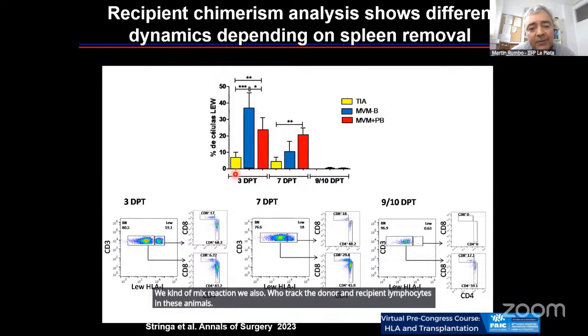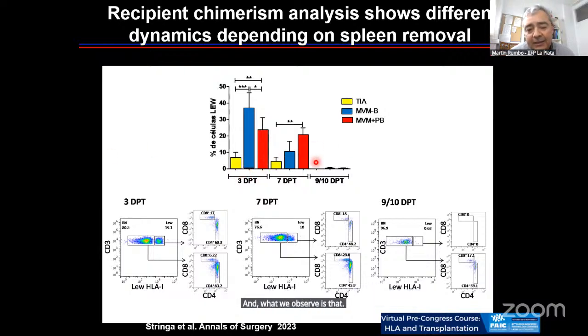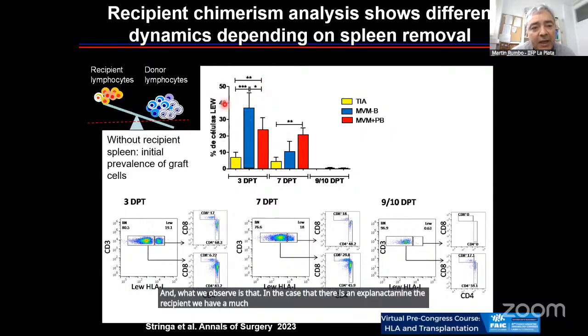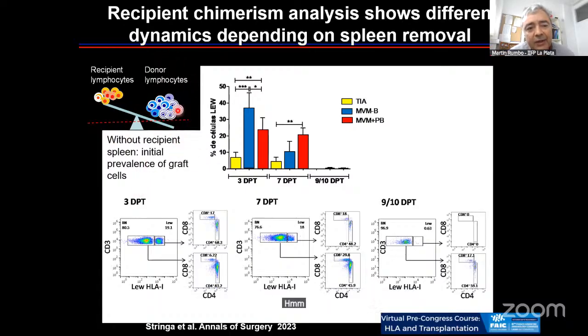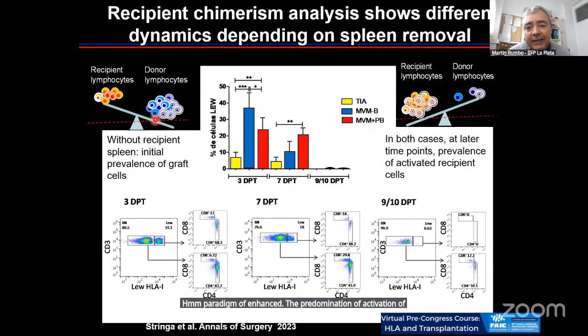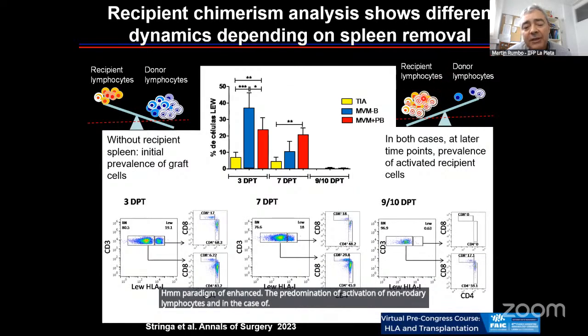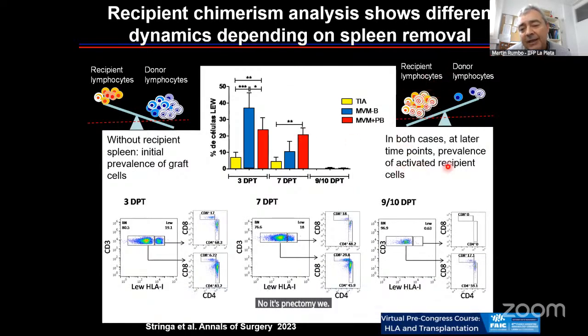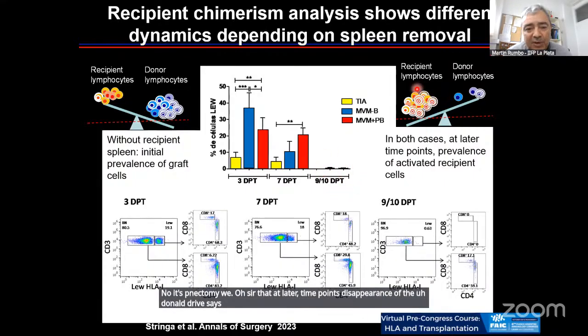What we observe is that in the case of splenectomy in the recipient, we have a much higher chimerism, and this fits with the paradigm of enhanced predominance of activation of donor-derived lymphocytes. In the case of no splenectomy, we observe at later time points the disappearance of the donor-derived cells and also rejection taking place.